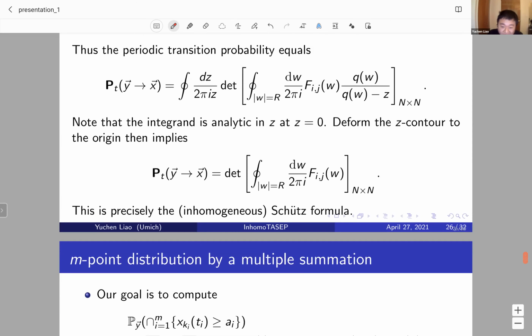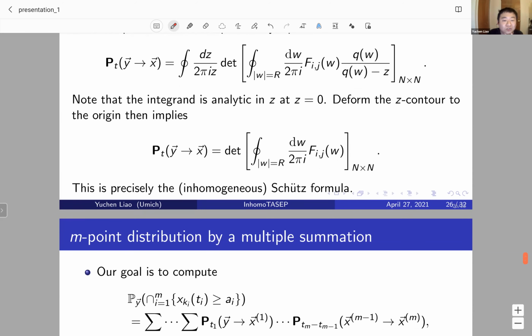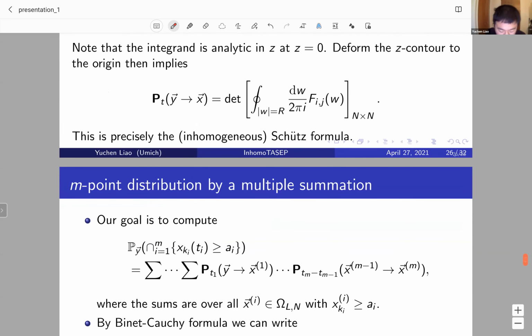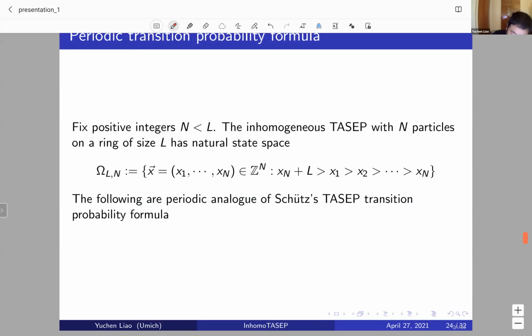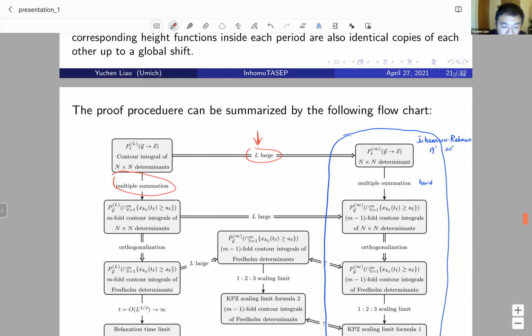Probabilistically, it just means when you fix the finite location and you're only looking at the finite time distribution, if you take the period really large, then there's no difference between looking at a periodic model or an infinite or full space model, because particles just do not reach the boundary of this period. Algebraically, this is something like this. So that's maybe an explanation of what's happening in this part of the diagram.